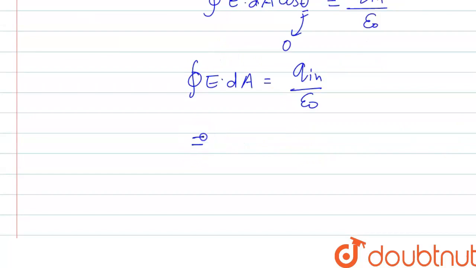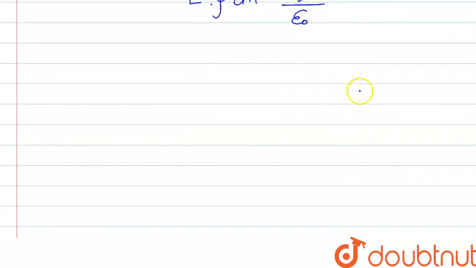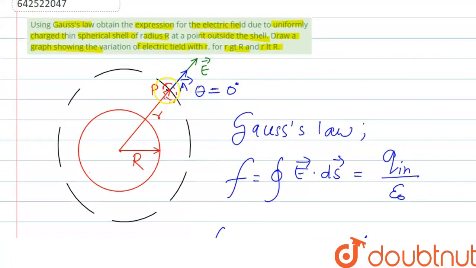Here we can write E times the integration of dA equal to q inside by epsilon naught. If we integrate the area, as this is a spherical surface, it will be 4 pi r square. Here we are considering r, the distance from the center, at small r, around this point.